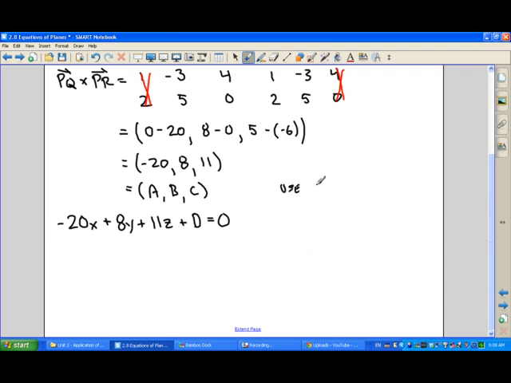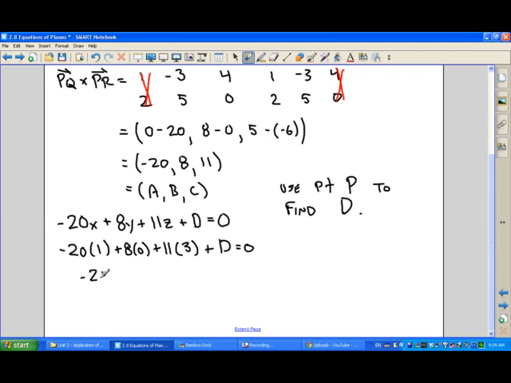I can use point P to find my unknown value d. Because the point P is on the plane, I can sub this in for x, y, and z to solve for d.